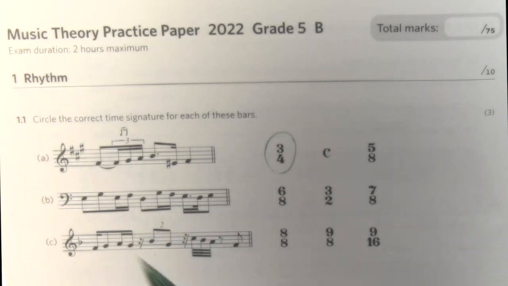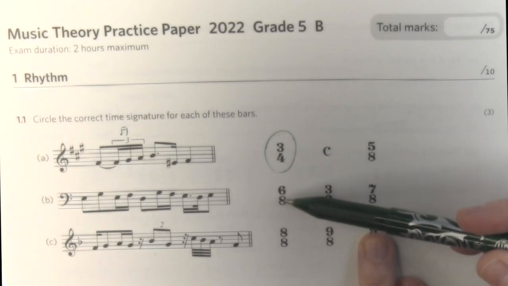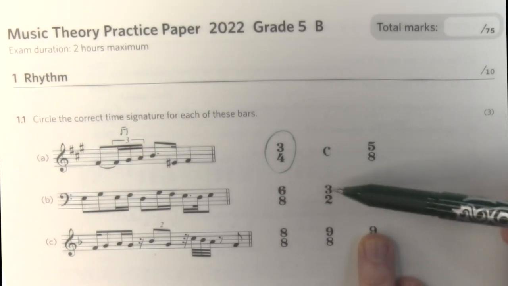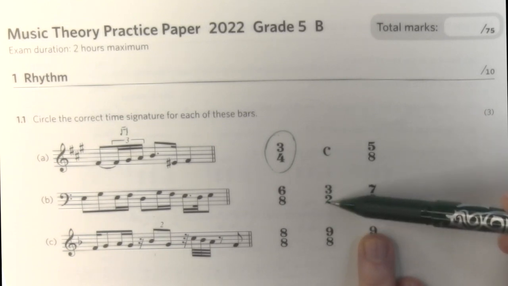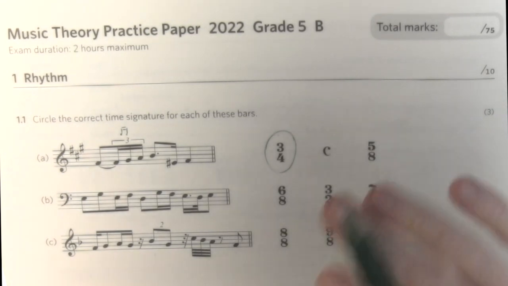I think that if we see the options that we have, 7 eighths or 6 eighths, which means that we should have 6 or 7 quavers in a bar, and 3 minims because the half is the minim. And in this case, I don't think we have minims here, so we can exclude this totally.